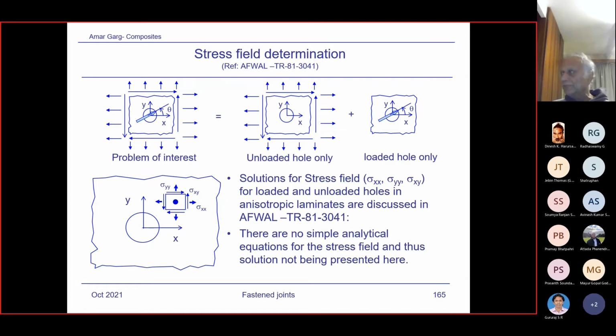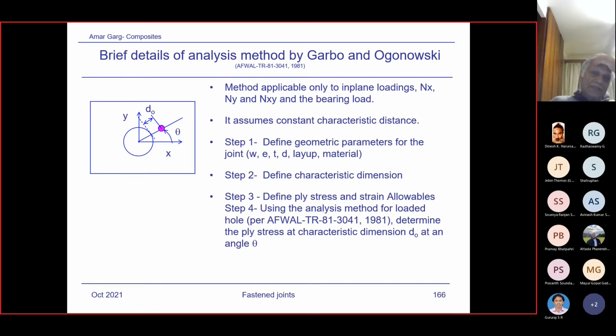If it's only unidirectional, of course, the simple solutions are available. But when you have multi-axial loading, you have to consider some method, because the simple equations are not available. So they used a complex variable method. Once they developed the stress due to this multi-axial loading, they developed the equations for loaded holes and superposed the loaded hole and unloaded hole, and then they determined the stress at a point.